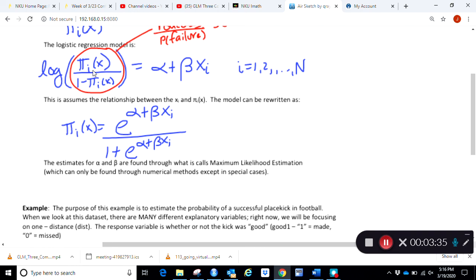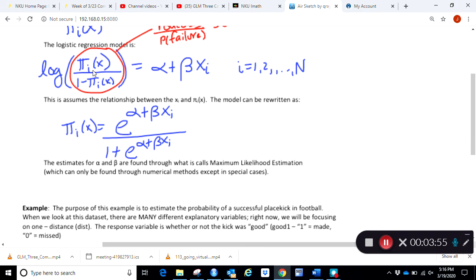And so what we need is a way to estimate alpha and beta, because alpha and beta, being Greek letters, are our population values. So our population kind of intercept, population kind of slope. And again, I said the kind of part because we're not technically doing a straight line relationship here.